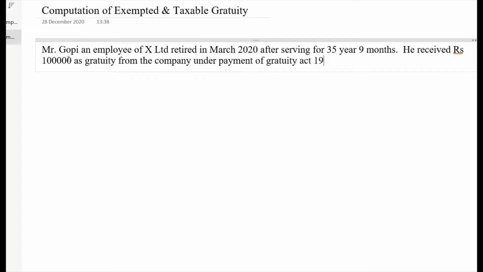He received rupees 1 lakh as gratuity from the company under the Payment of Gratuity Act 1972.